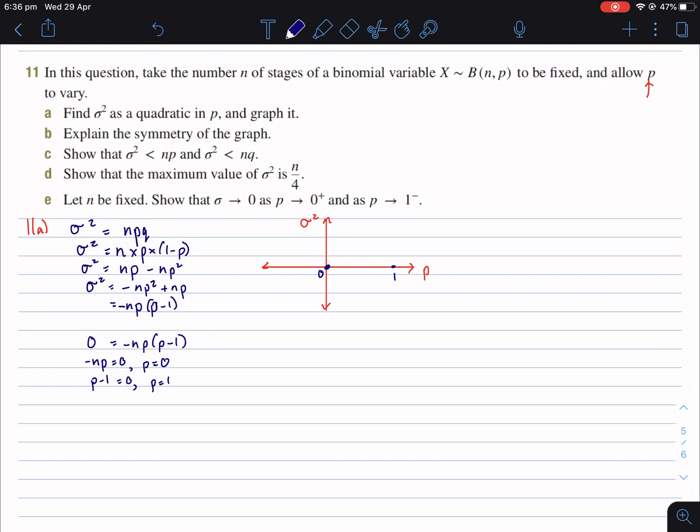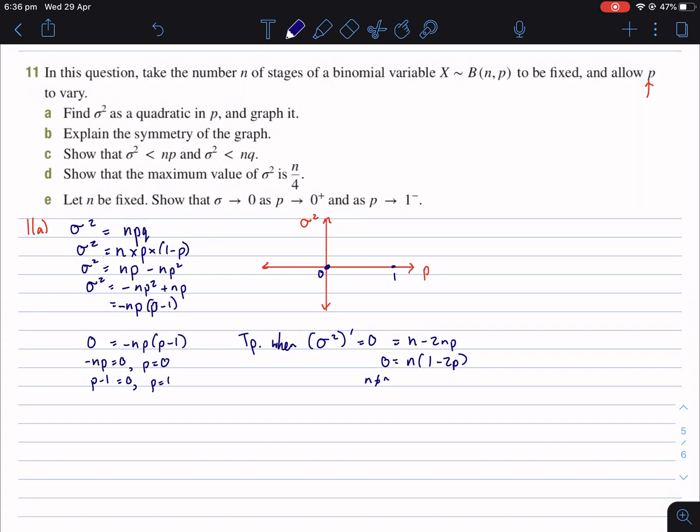Just wondering if I want to make it when the gradient is 0. Yeah. Turning point when the derivative of sigma squared equals 0. So this is NP take N take 2NP, which is N times 1 take 2P.